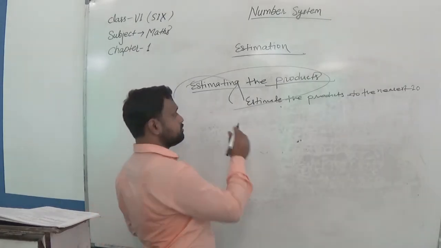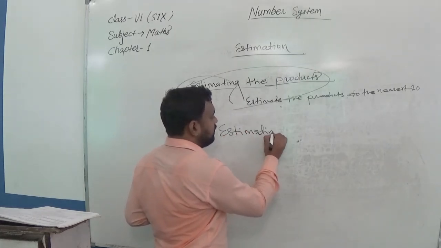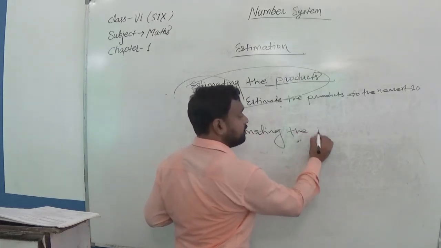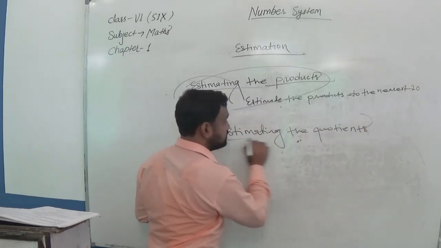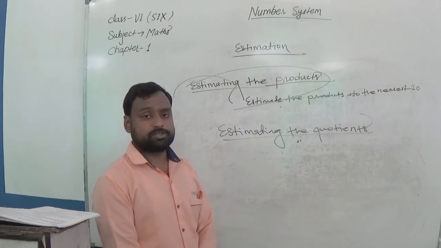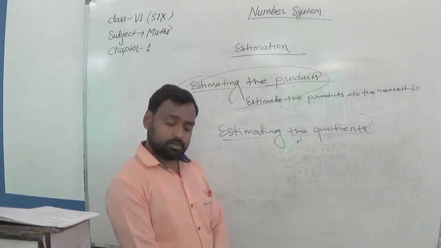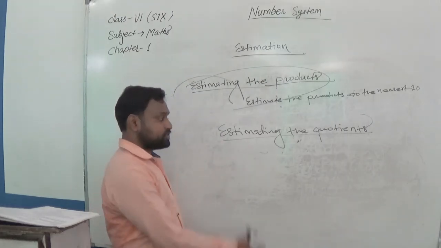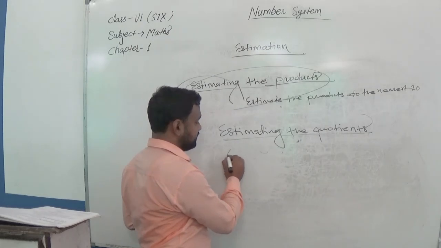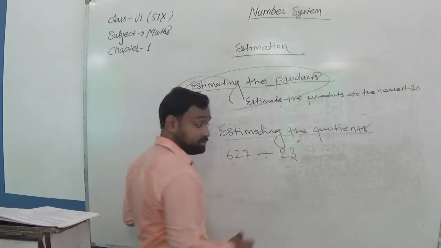One more thing we have to learn here: estimating the quotients. Like we estimate the sums and the products, in the same way we can estimate the quotients. Like we have one example, 627 divided by 23.